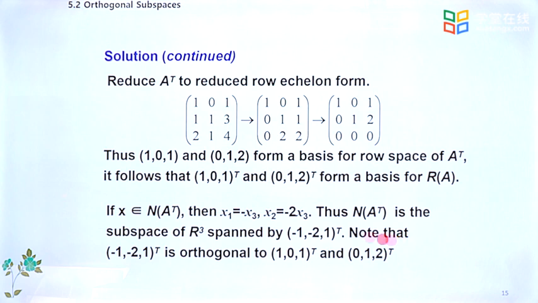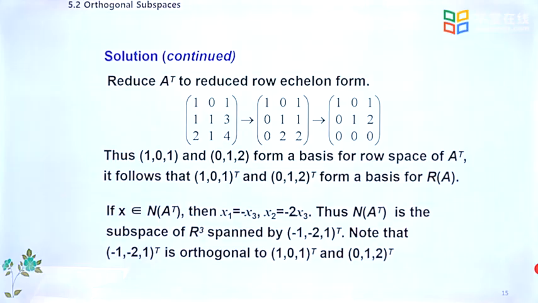And you note that (minus 1, minus 2, 1) is orthogonal to (1, 0, 1) and (0, 1, 2). So this also coincides with the fundamental subspaces theorem that N(A transpose) equals the orthogonal complement of R(A).